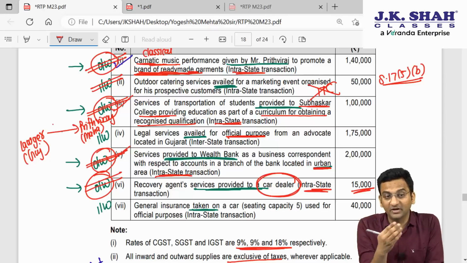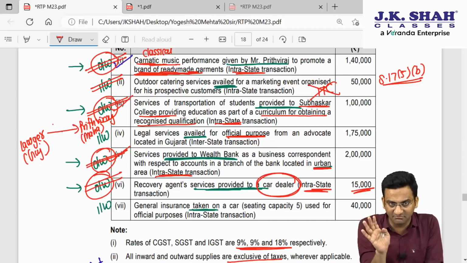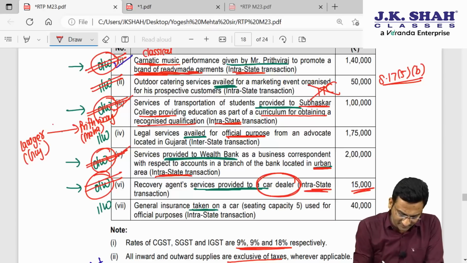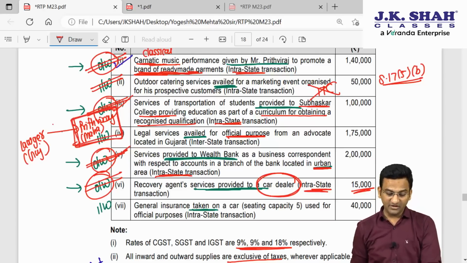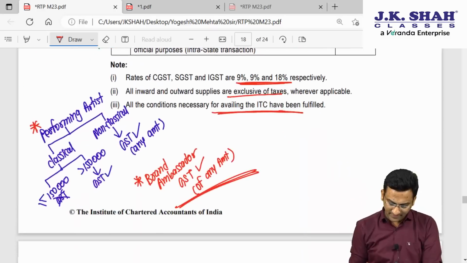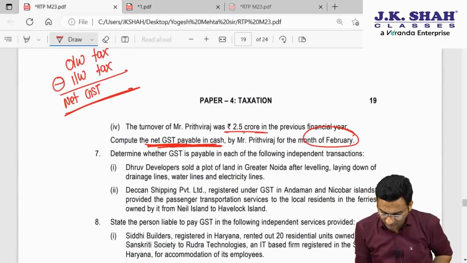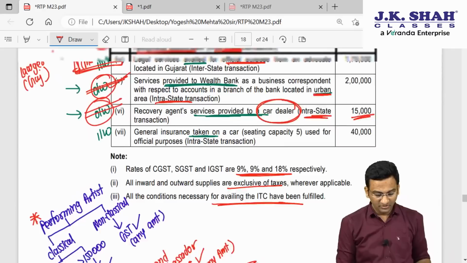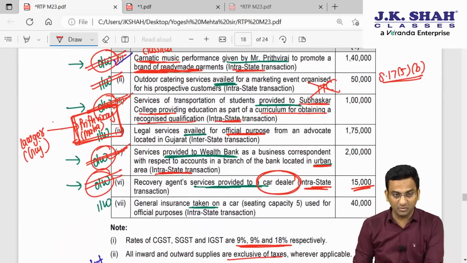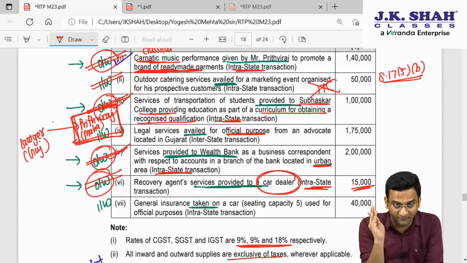If lawyer provides services to a person for non-business purposes, it is exempt. But if it is for the business purposes, in the given question, it is for the official purpose. And if the turnover does not exceed the limit, then it is again exempted. But in the given question, turnover was 2.5 crore, so it exceeds the threshold limit, whether 40, 20, 10, whatever.